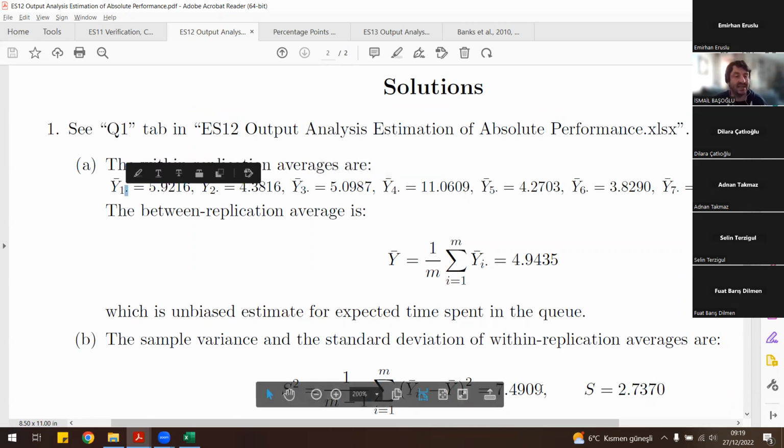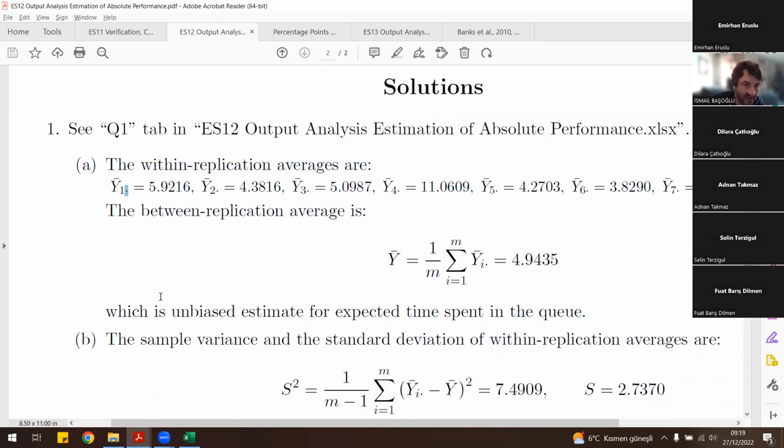And the second index is given in dot notation, which means we have taken this average. If there is a dot here, this statistic is an average taken over the second index, whereas the second index represents the clients in that replication. So this is the client's average waiting time in the queue.